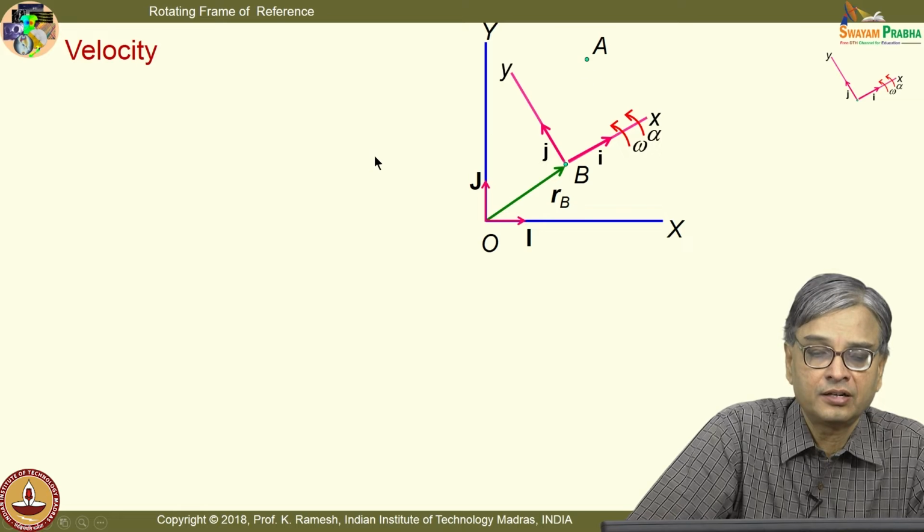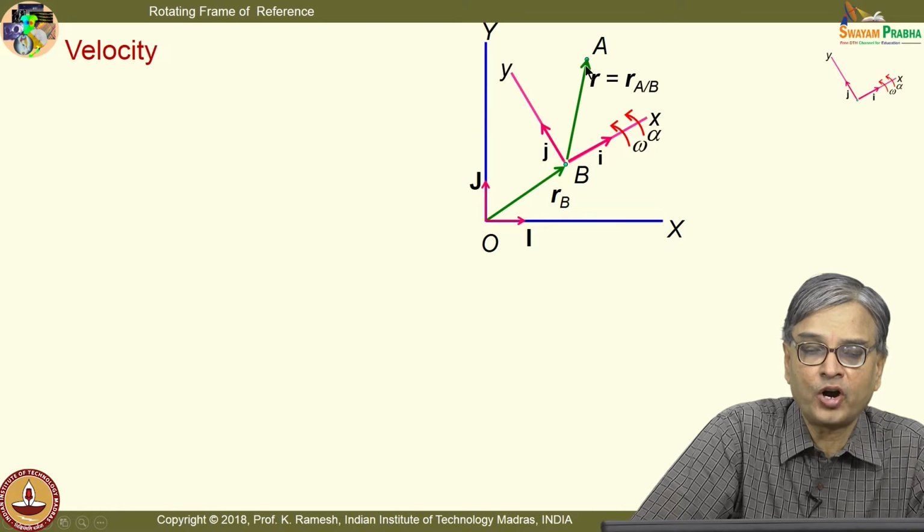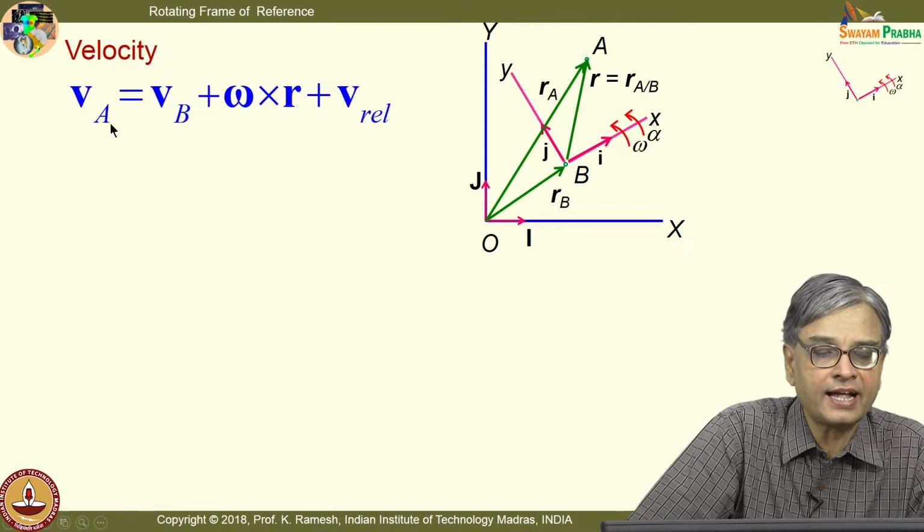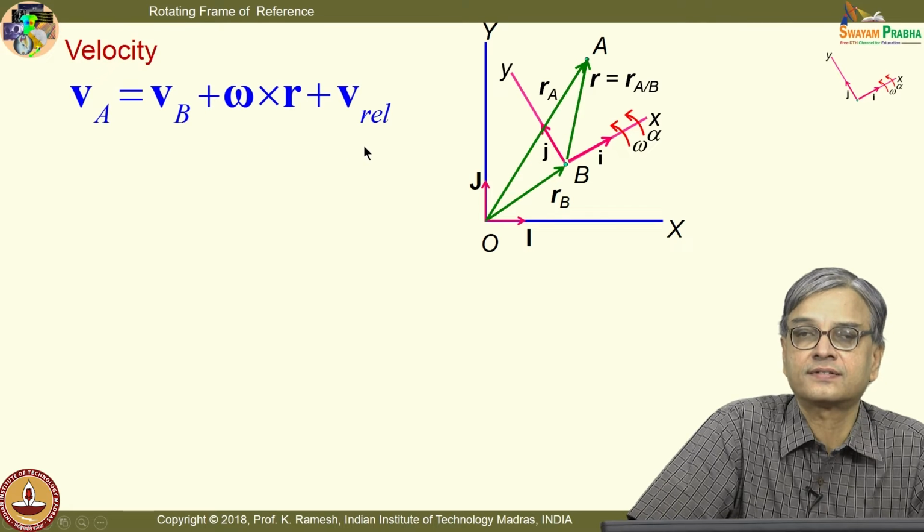And I have the point A, which is looked at from a rotating frame of reference. I have a position vector r, and this is r A with respect to B, and I have the position vector r A, and for this I have an expression for velocity written down like this.